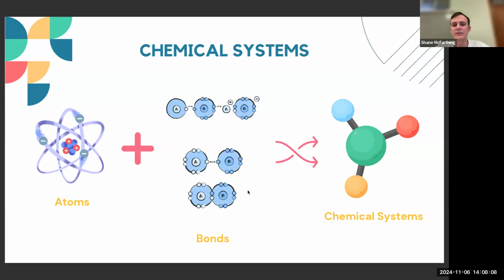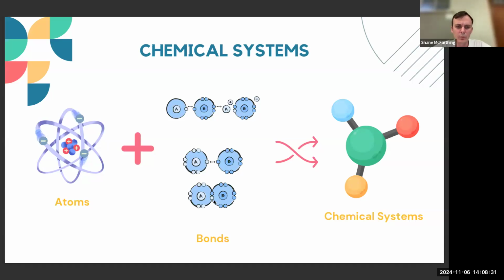What these really have to do with is how the electrons of these atoms are moving around and how the atoms themselves are interacting. So for example, in ionic bonding, one atom might be donating electrons to another. And in the case of covalent bonding, they could be sharing these electrons.